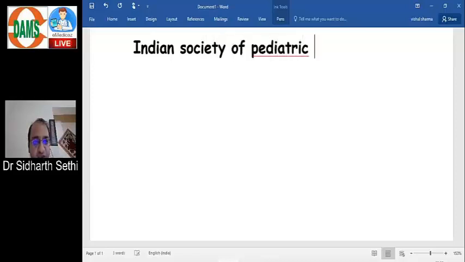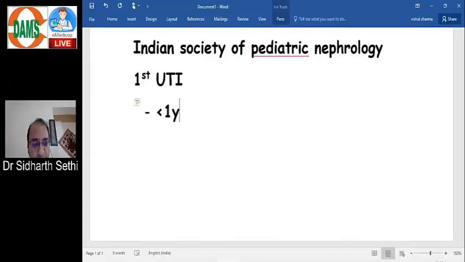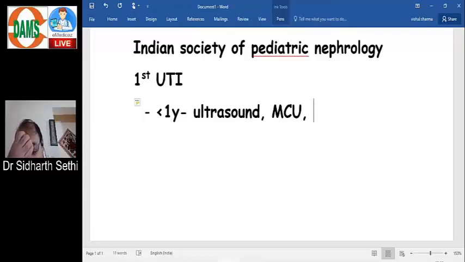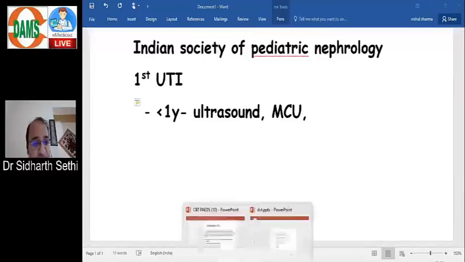What those guidelines say is, any child who gets a first urinary tract infection at less than 1 year, you have to do all 3 tests: an ultrasound, MCU, and DMSA. Remember, MCU is the investigation of choice to look for VUR.